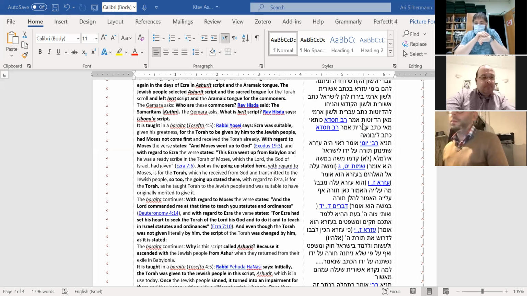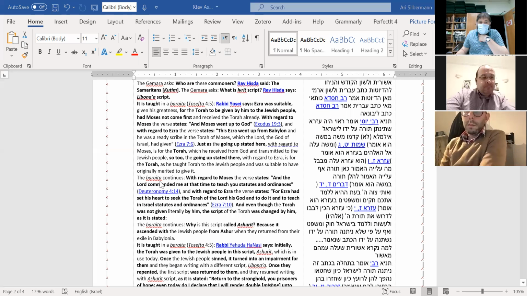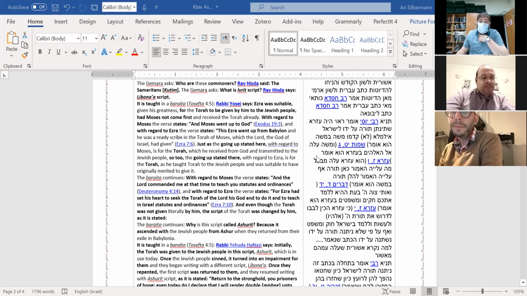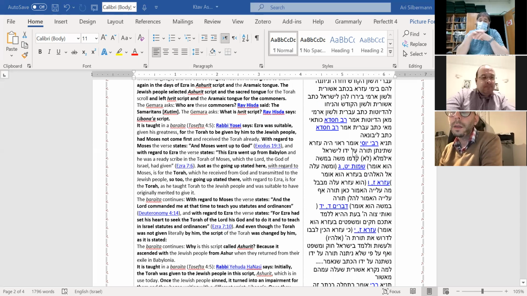And then there's a whole comparison there of Ezra, and then it says, the writer continues. So it comes down, according to Rabbi Yossi, to an interesting point. Like, what is this doing here?